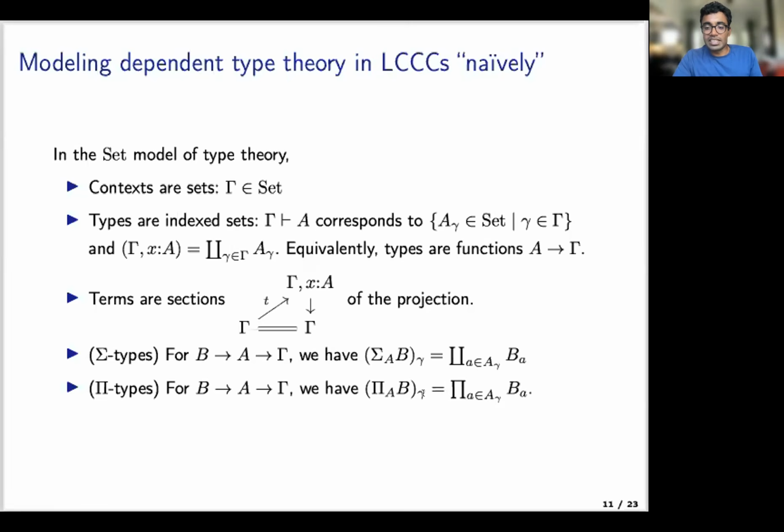And similarly, we can take products, the product of sets indexed by gamma, to be the pi types. And this gives the right definition in terms of adjoints, which is what we need to interpret the syntax, since already at the level of syntax, sigma types and pi types are adjoints to some functor.